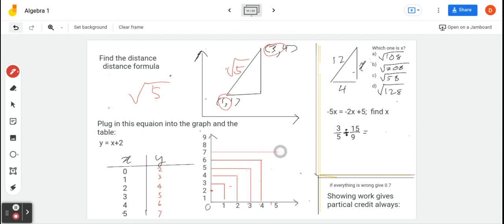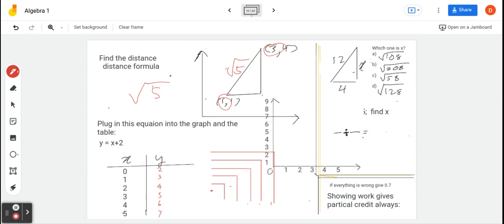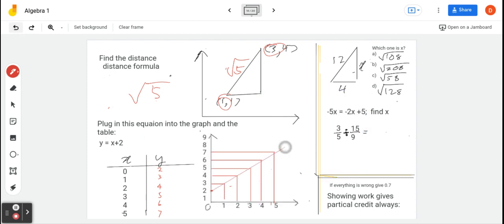Close enough. 7. Close enough. Okay, so in reality, this should be almost a straight line, which it is. Great. That's the answer.